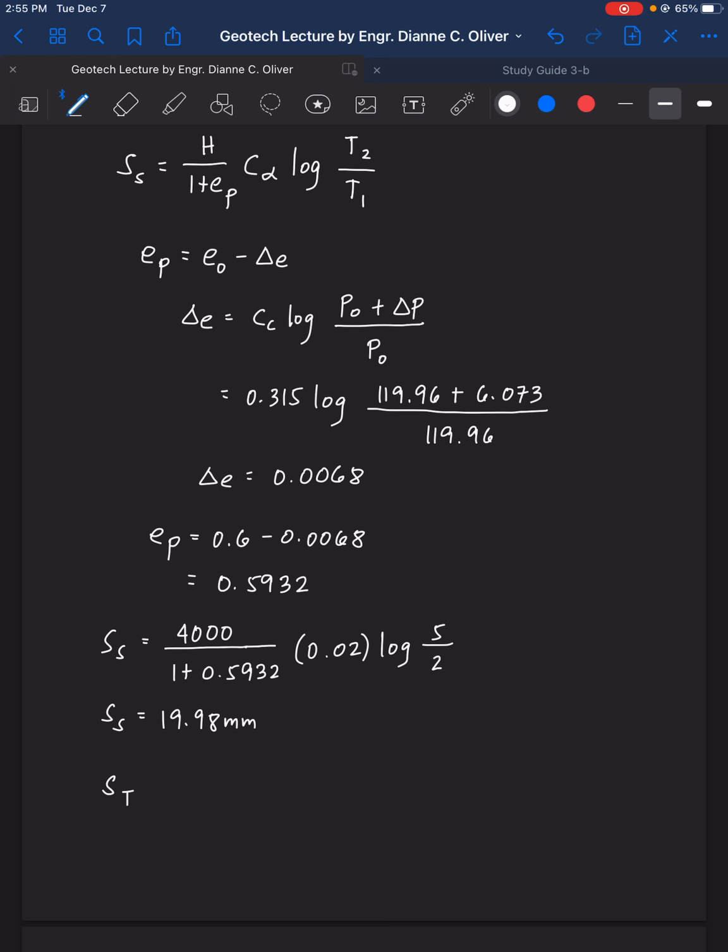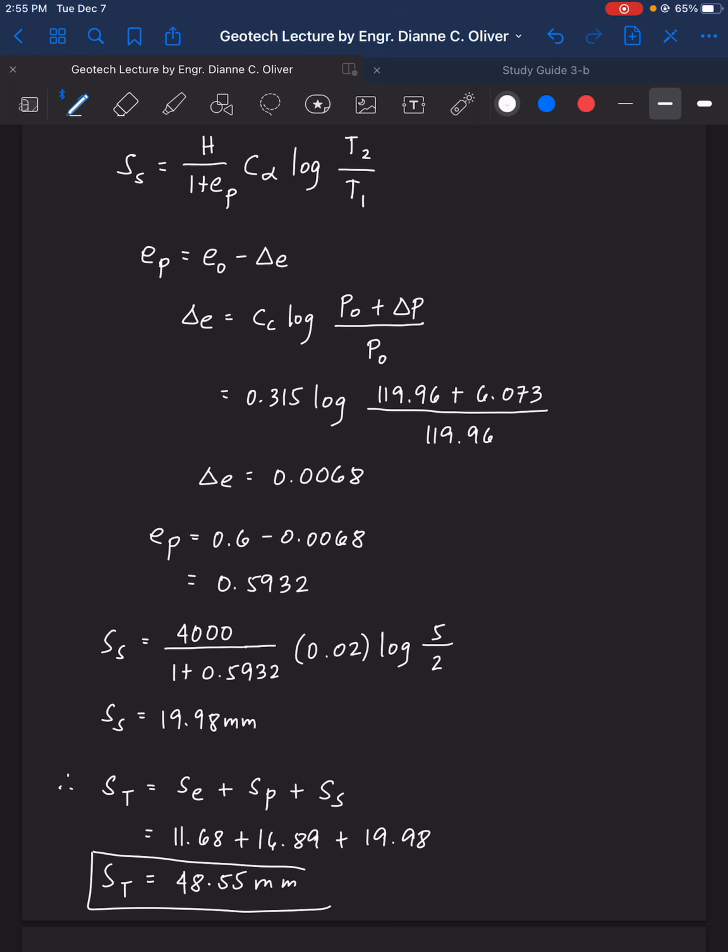So therefore, our total settlement is equal to S sub e plus S sub p plus S sub s, equals 11.68 plus 16.89 plus 19.98, that is equal to 48.55 mm. So that's the total settlement for a total of 7 years.